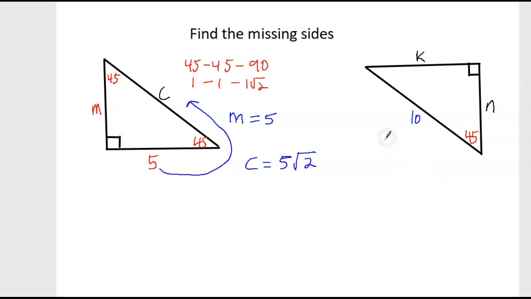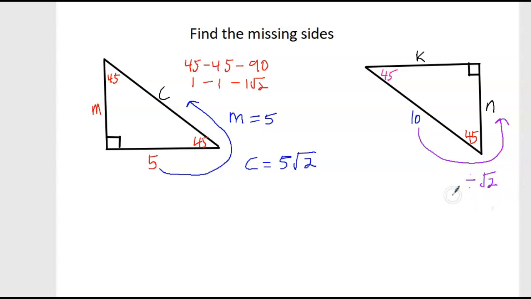Okay, so let's look at example 2 here. We have been asked to find k and n. We know only the longest side, the hypotenuse, and we know that here is 45, so therefore here is also going to be 45. When we have our hypotenuse and we are looking for the leg, we have to divide it by square root of 2.